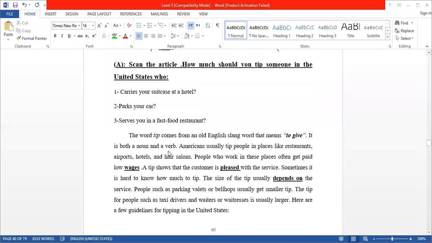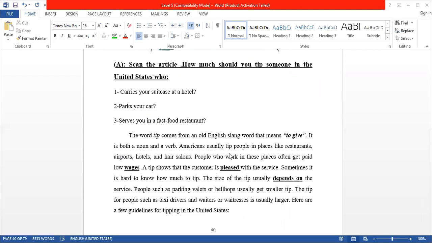The word tip comes from an English slang word that means to give. It is both a noun and a verb.